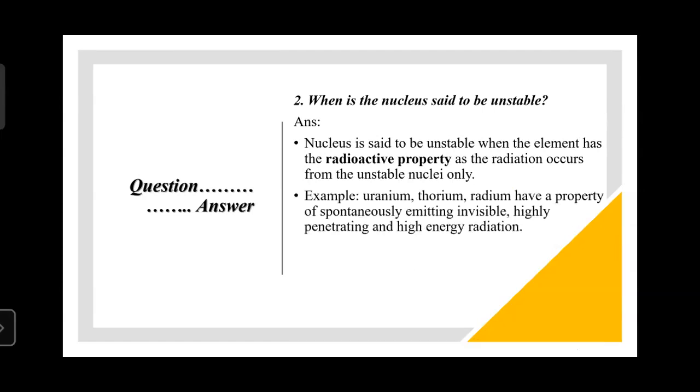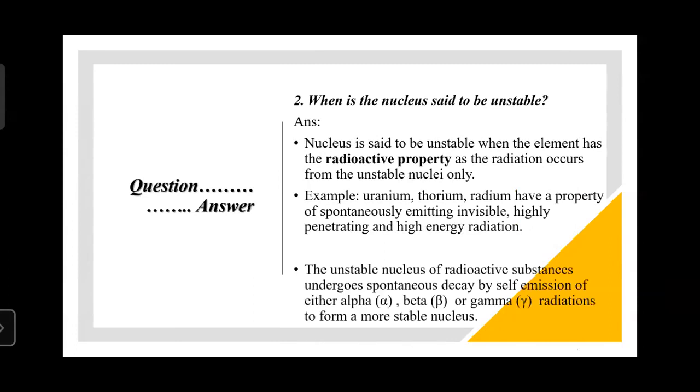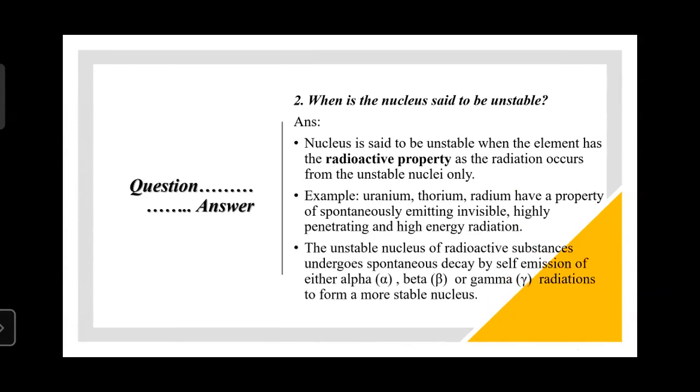For example, uranium, thorium, radium, these elements have the property of spontaneously emitting invisible, highly penetrating, and high energy radiation. The unstable nucleus of a radioactive substance undergoes spontaneous decay by self-emission of either alpha rays, beta rays, or gamma rays to form a stable nucleus.